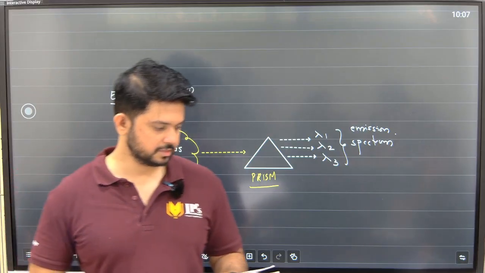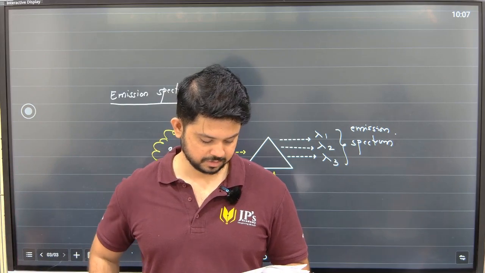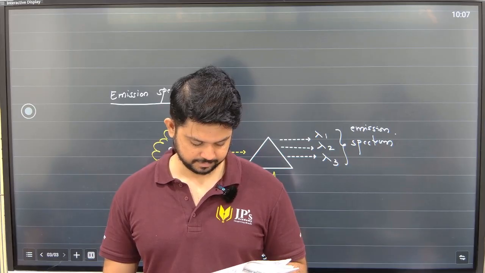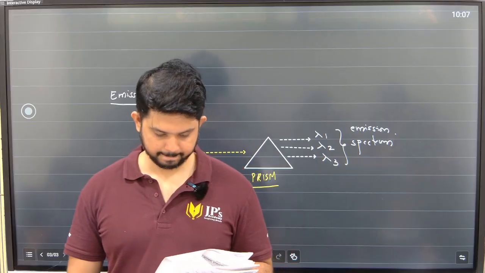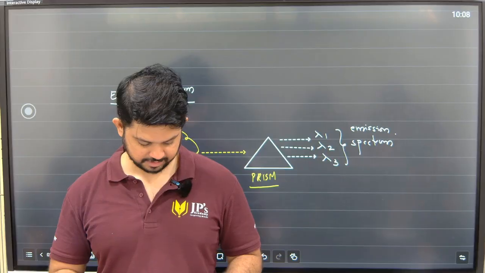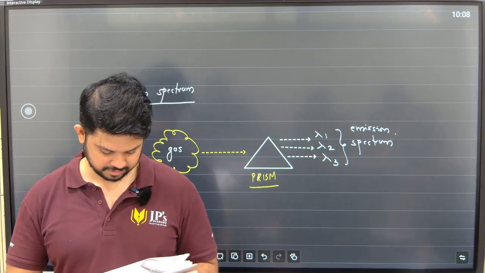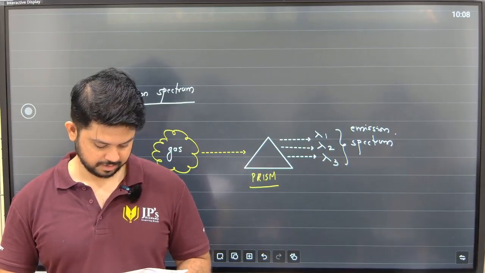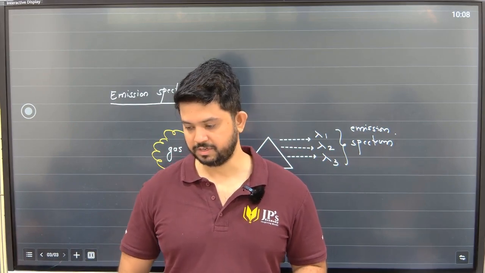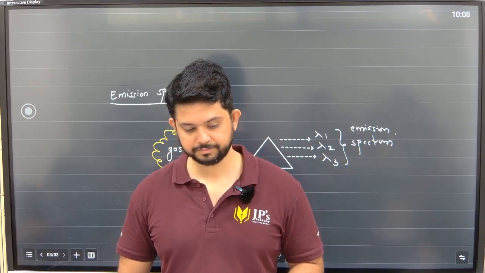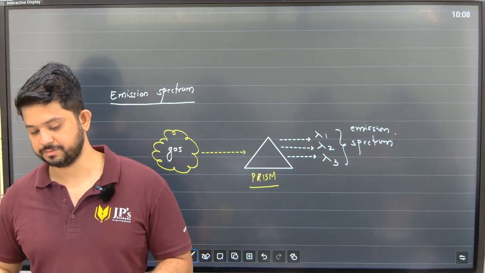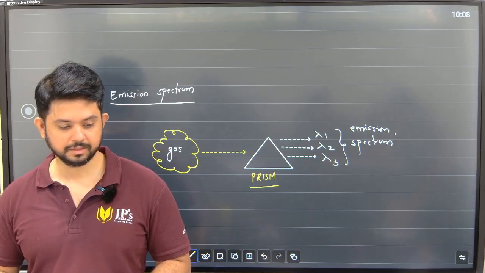Next point, the difference in two consecutive wavelengths or frequency is very small when compared to the difference between their angle of deviation.